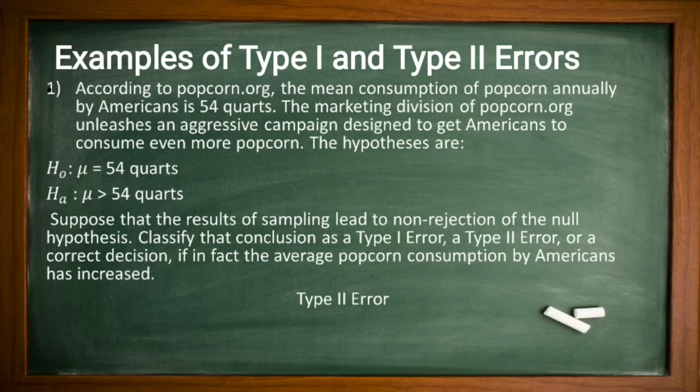Okay, so dito po yung ginamit natin is equal 54 quarts. And then sa ating alternative hypothesis, gumamit tayo ng greater than 54 quarts. So ang sabi po kasi doon sa aming definition, ang null hypothesis, mathematical opposites lang po ang dalawa.